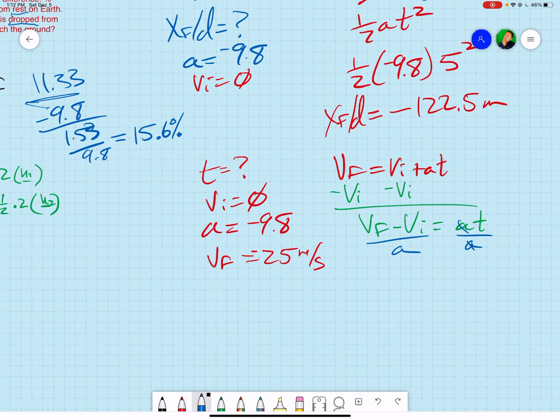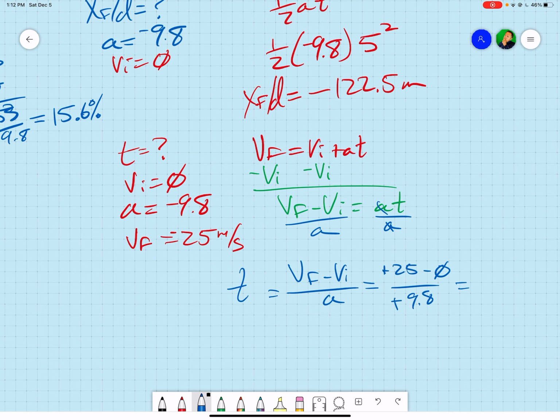So I have v f minus v i divided by a is equal to my t. So I have negative 25 minus 0 divided by negative 9.8. Basically those negatives will cancel out, so we have 25 divided by 9.8, and we get 2.55.